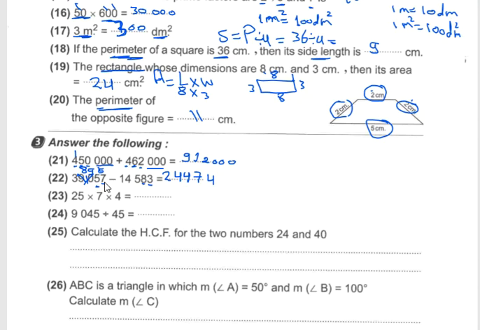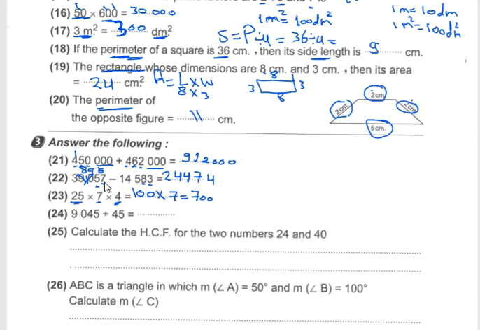Question number 23. He said 25 times 7 times 4. 25 times 4 equals 100. 100 times 7 equals 700.